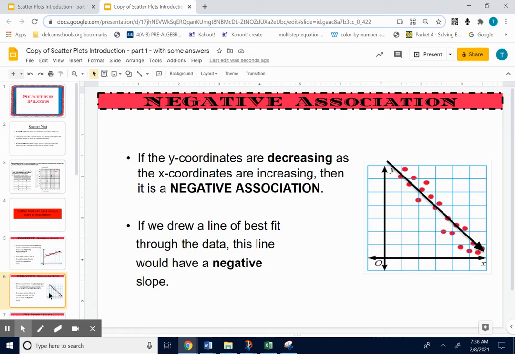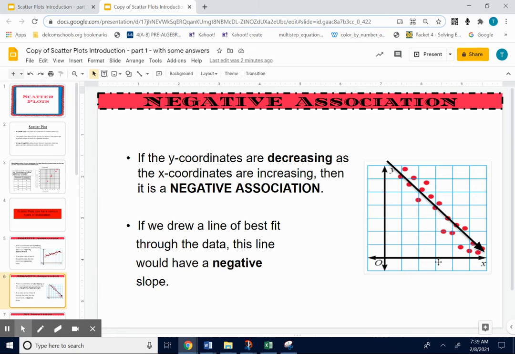Okay, if the y-coordinates are decreasing as the x-coordinates are increasing, then it has a negative association. A line of best fit would have a negative slope in this situation. You always want to think as the x-coordinates are increasing. It's kind of like when you read from left to right, you always want to look at the graph thinking about what happens as you go forward on the x-axis.